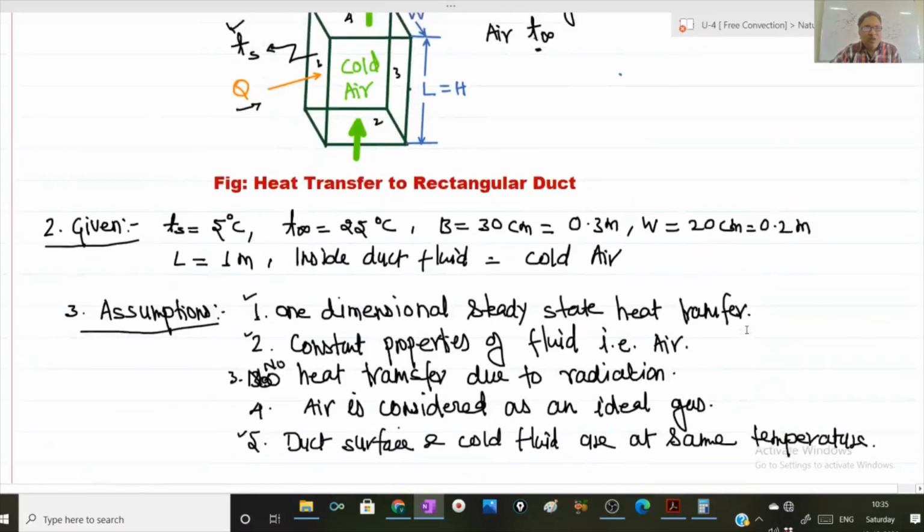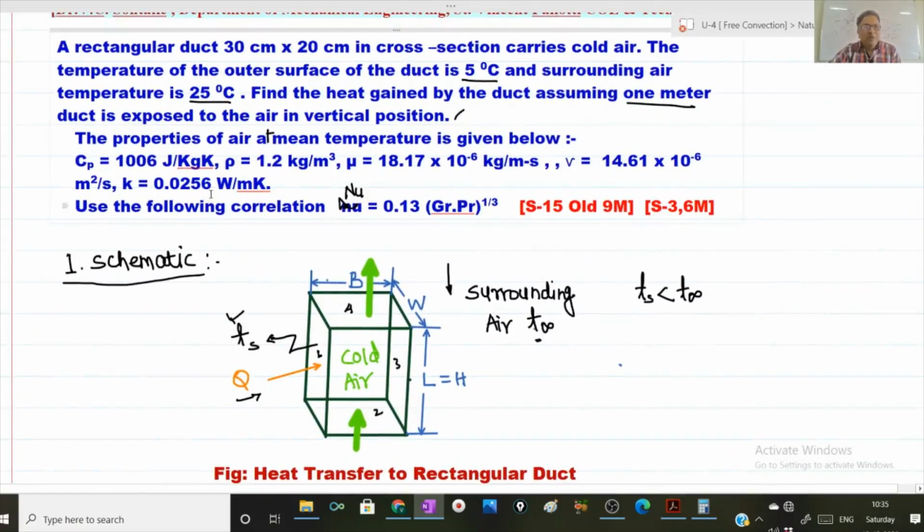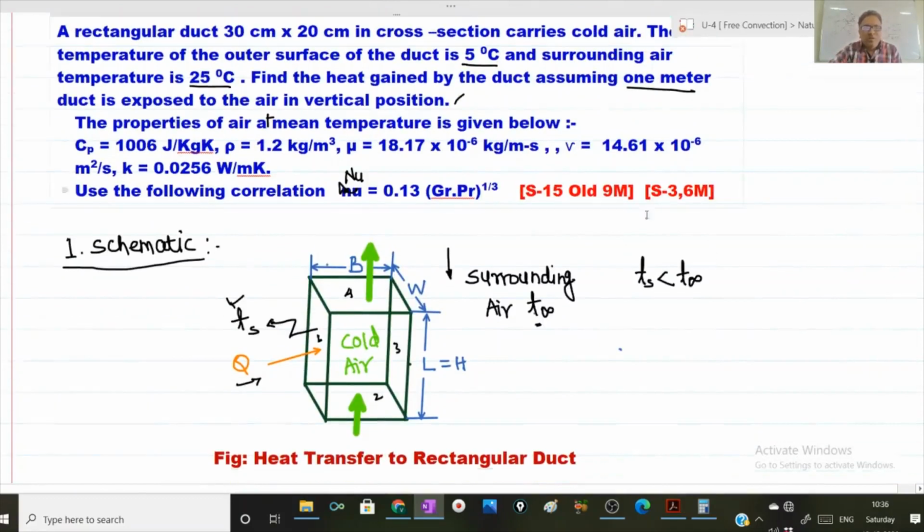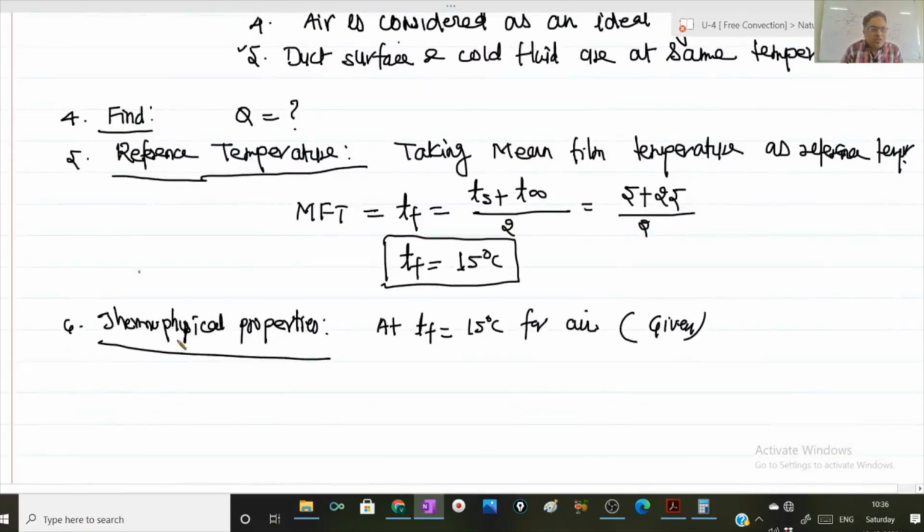So all these values are given to me in the problem itself, so no need to refer data book. So the Cp value is given as 1006 joule per kg Kelvin. Density is given as 1.2 kg per meter cube.